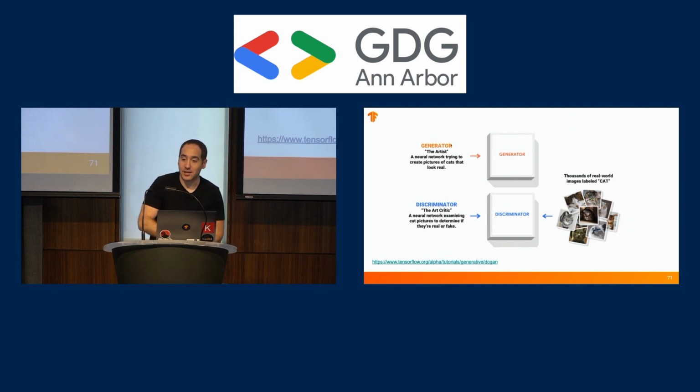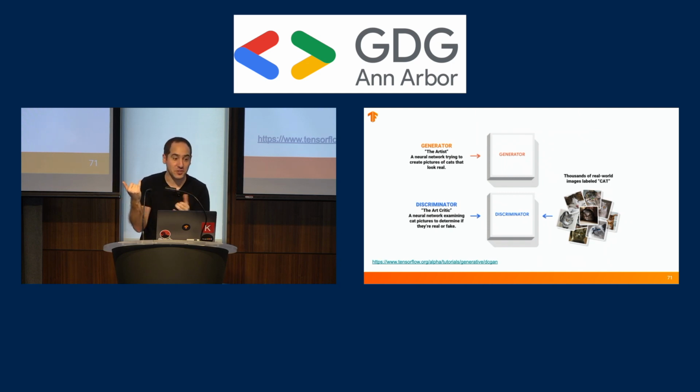What's interesting is the generator never actually sees a picture of a cat, ever. It starts by generating an image, which is going to start life as random noise. All it sees is, did the discriminator determine if that was a real or fake cat? If the discriminator says it was a fake cat, we use the gradient trick in the same way we did with Deep Dream. We get the gradient of the discriminator's loss with respect to the generator's variables.